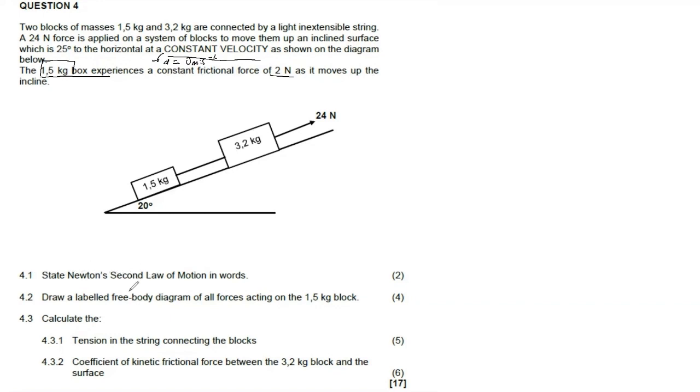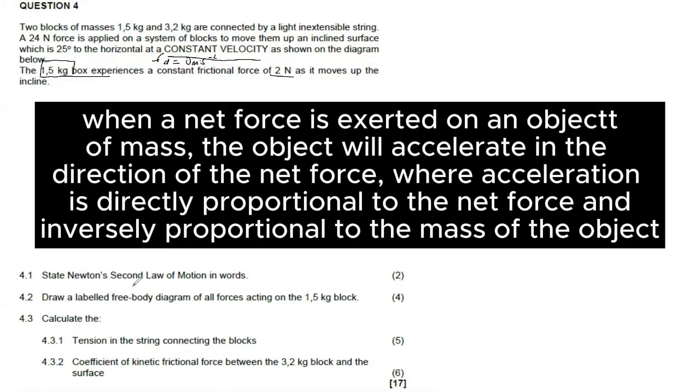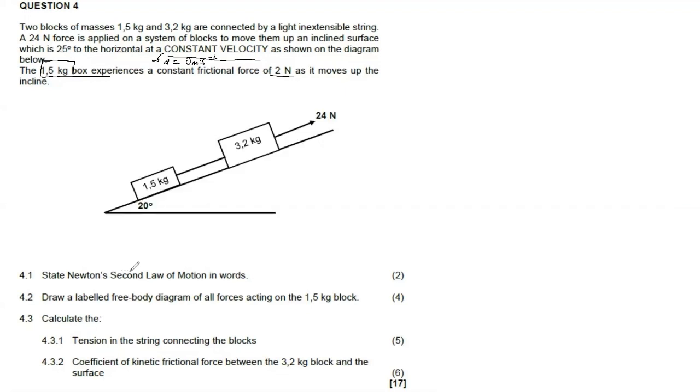So we already know, we say that when a net force is applied to an object of mass, the object will accelerate in the direction of the net force, where acceleration is directly proportional to the net force and inversely proportional to the mass of the object. So that's how you are supposed to define that for a total of 2 marks.